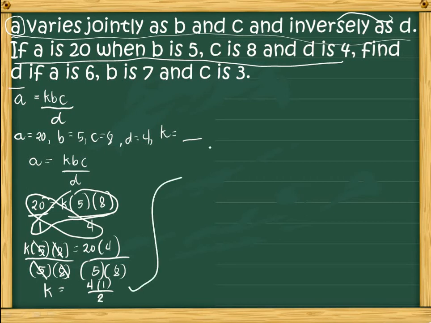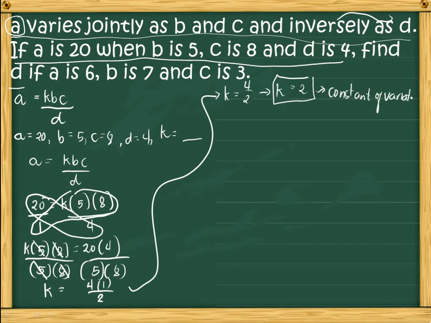So, simplifying this one, we will have k is equal to 4 times 1 is 4 divided by 2. K is equal to 2. Okay, so k is equal to 2 is what we call the constant of variation.